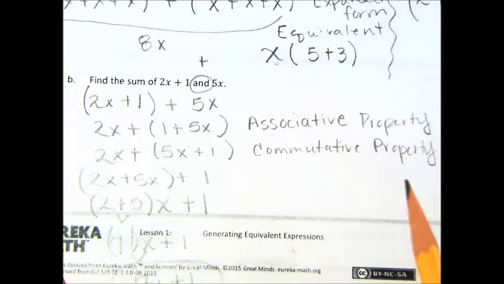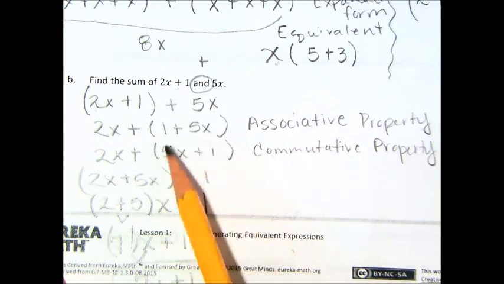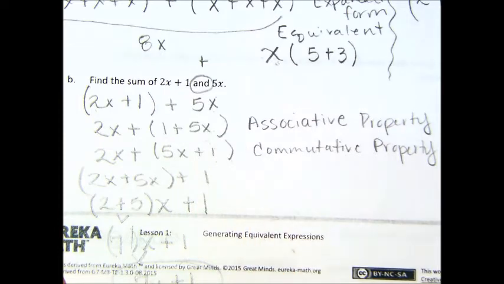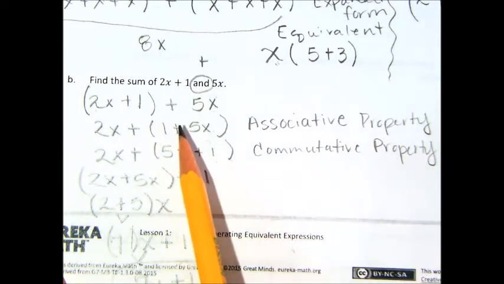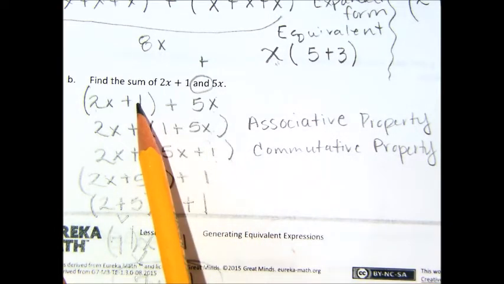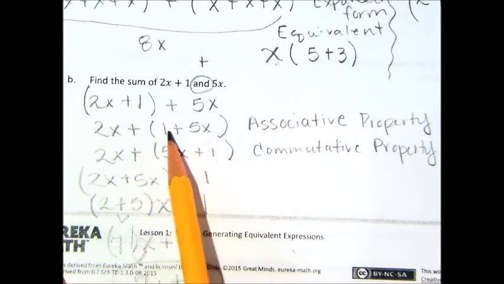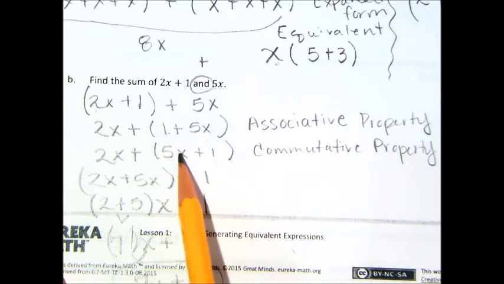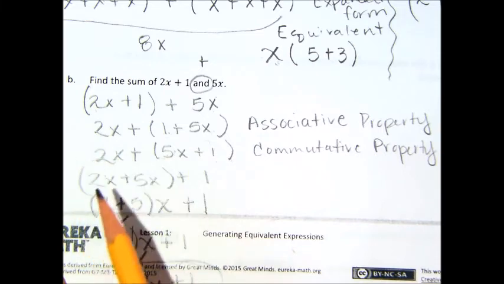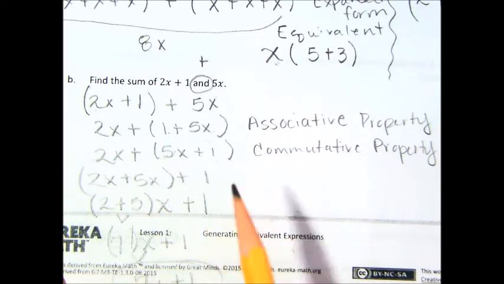And the commutative property tells me that I can reorder terms inside the parentheses. When I moved this 1 into the parentheses with the 5x, and then used the commutative property, it put the 2x and the 5x next to each other. That allowed me to put them in their own set of parentheses and isolate that 1.